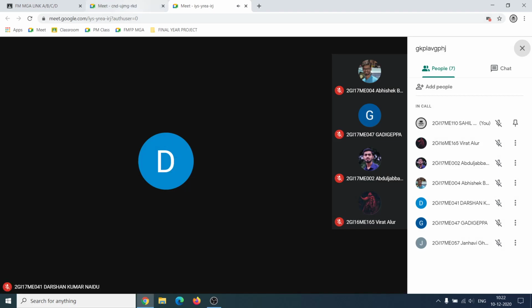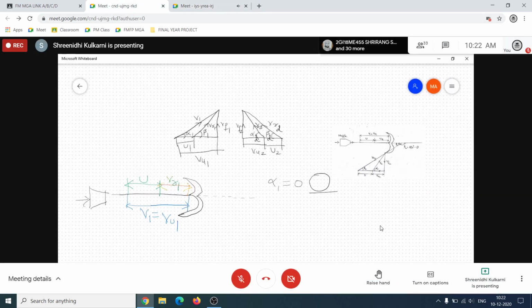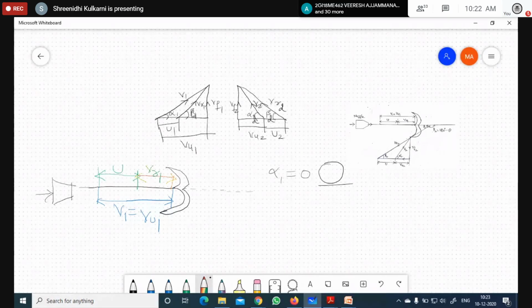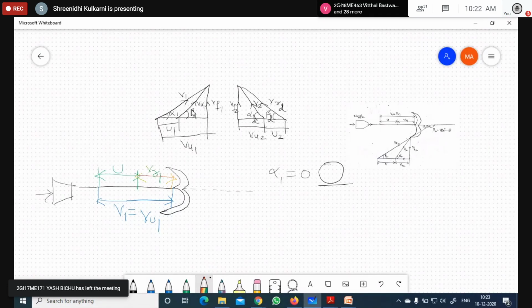Beta 1 is also 0, sir. Yes, if alpha 1 is 0, the beta angle is there, but what is the beta angle? It is also 0. In the generalized form, the beta angle varies from 0 up to 90 degrees, because there it is not a tangential flow.